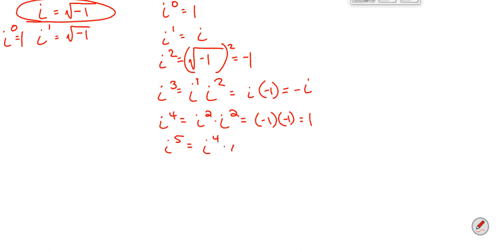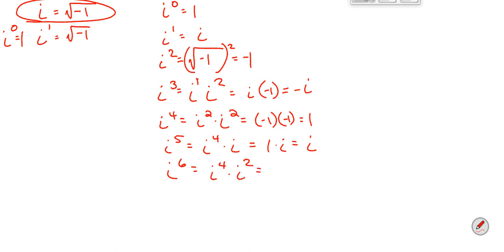We just said i to the fourth is 1, so this is 1 times i, which is still i. Now let's do i to the sixth. That is like i to the fourth times i squared.